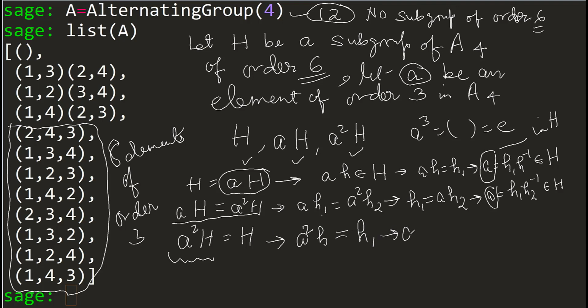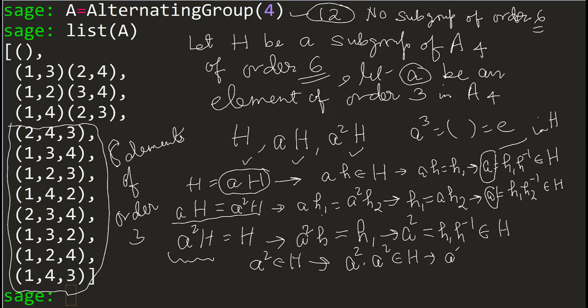So what that will give us is that A squared equals H1 H inverse, that is in H. So now if A squared is in H, we want to conclude that A is in H, so we will use the closure that A squared times A squared is in H, right?